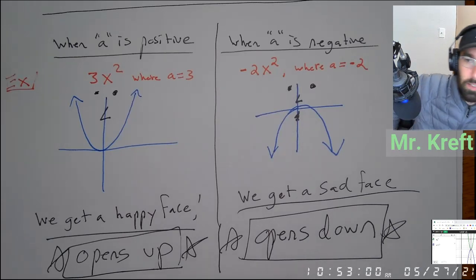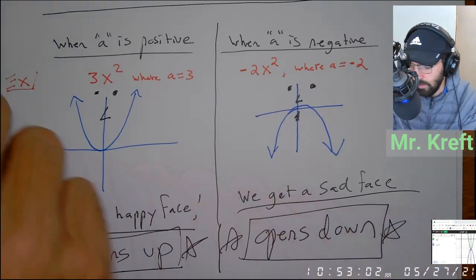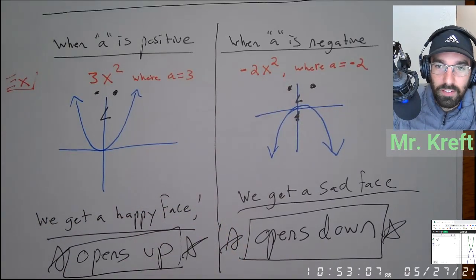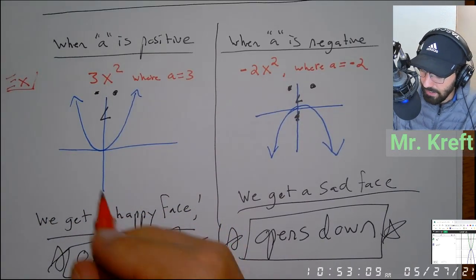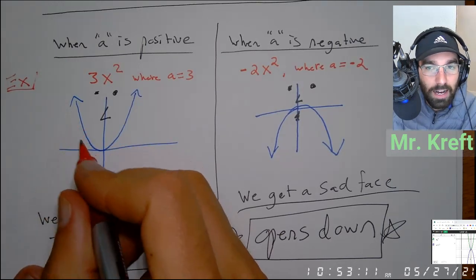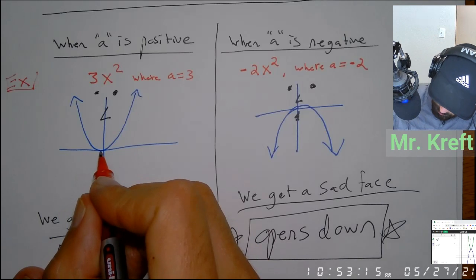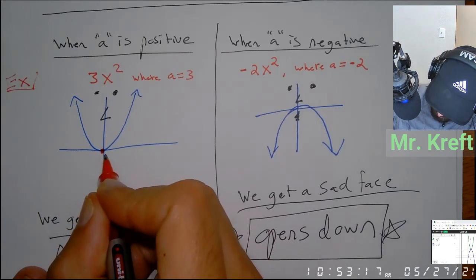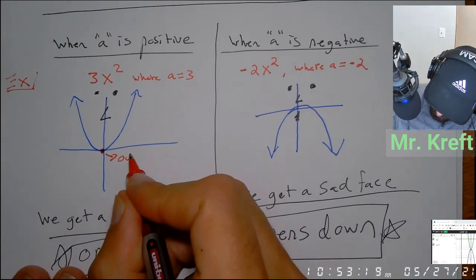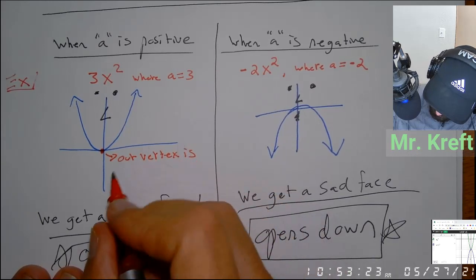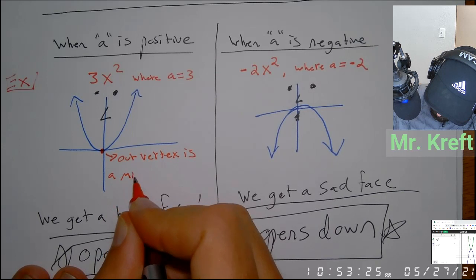Now, the last thing we want to add, one more thing to this table, is this. Notice when it's up, think about the range. That means that right here, our vertex is a minimum.